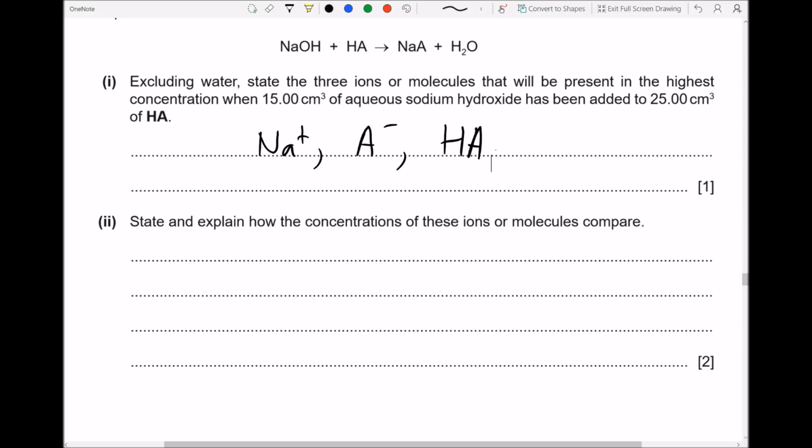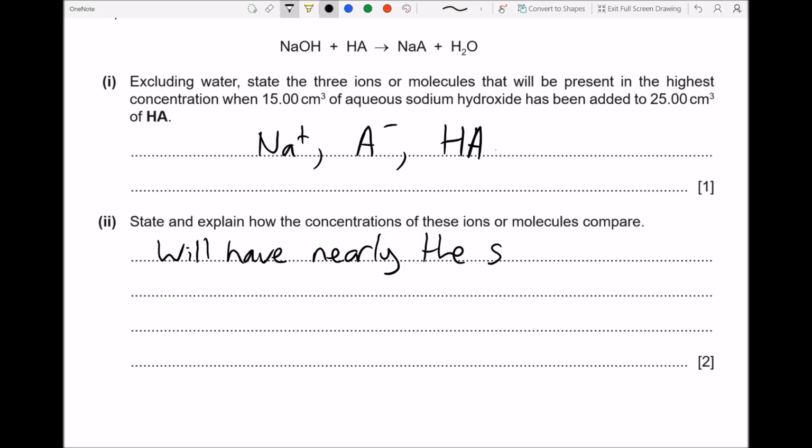So yeah, let's write this down. This is an assumption that we're making. So we will have nearly the same concentration of all of them.